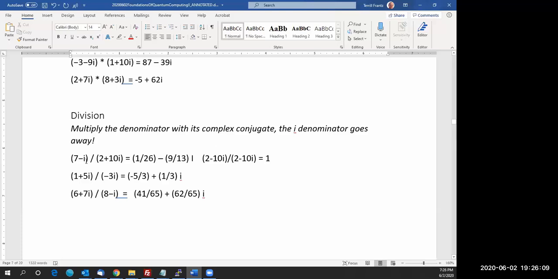So if I multiply this fraction here times this fraction here, aka 1, what you'll find is that the denominator will end up being a real number, and then you just carry out that basic mathematics there, which I can't do with a cursor easily.